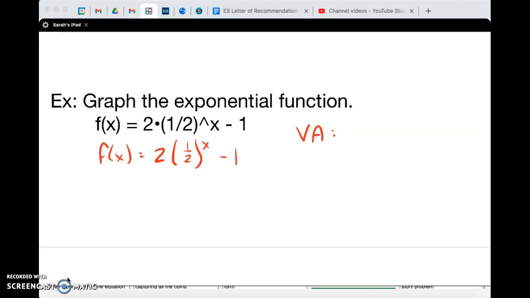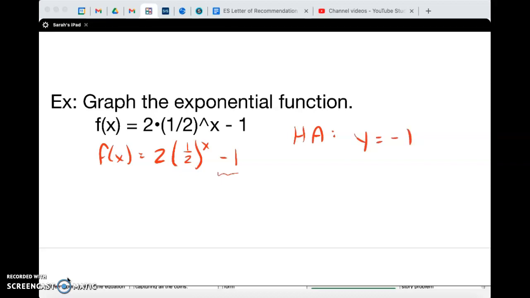Now we're going to exponential, so it's different. The asymptote we said was the k value. So do I have a k? Negative 1 is the k value. So my vertical asymptote, oh my gosh, I meant horizontal. I meant horizontal asymptote.